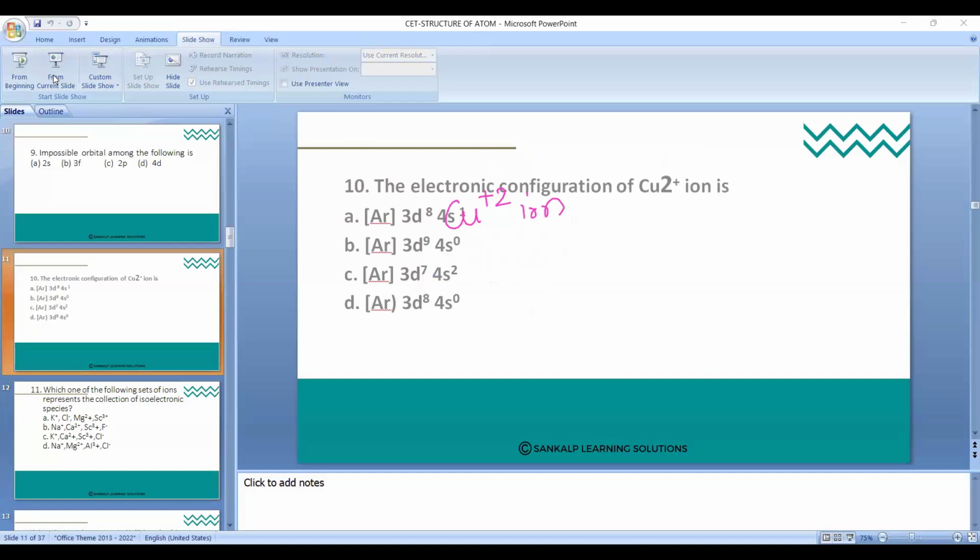They have asked what is the electronic configuration of copper +2 ion. What is the atomic number, students? Anybody knows? 29, ma'am. Yes, 29.